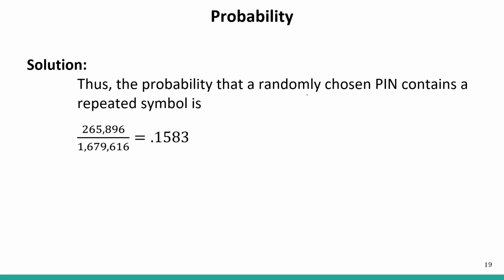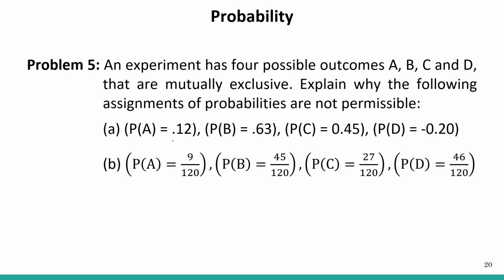So the probability that a randomly chosen PIN contains a repeated symbol is 265896 divided by 1679616, which is equal to 0.1583.